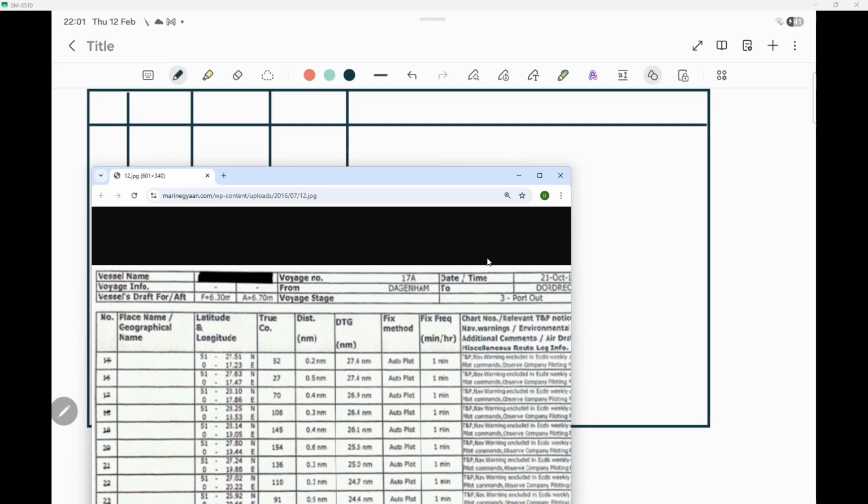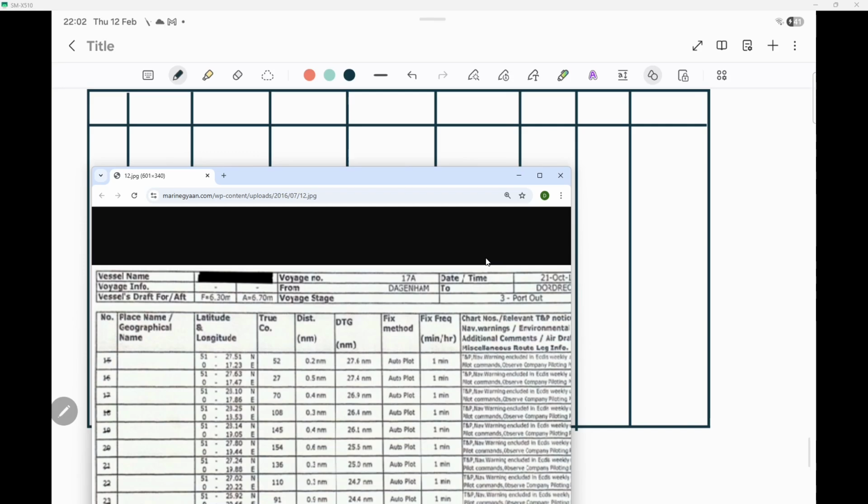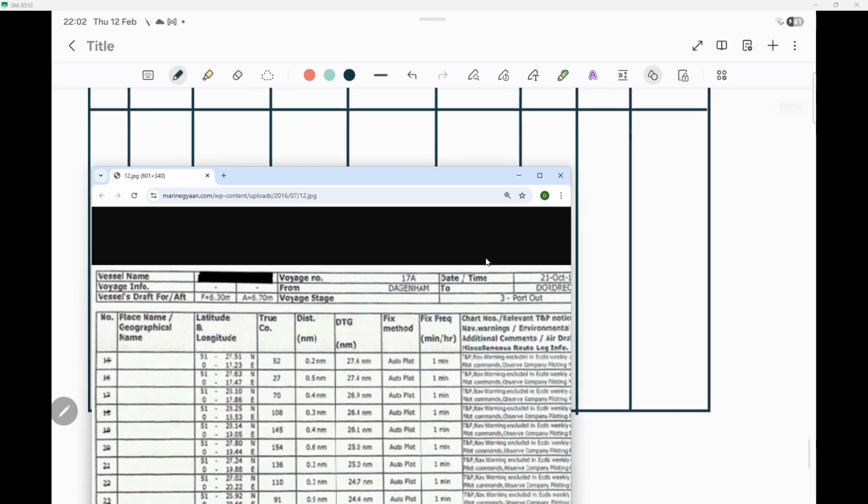Next is the distance from waypoint to waypoint, then the distance to go, okay? Fixing method, position fixing interval, right? Then remarks. So let me write this down.